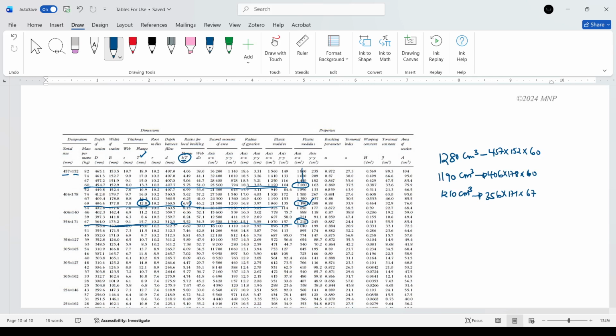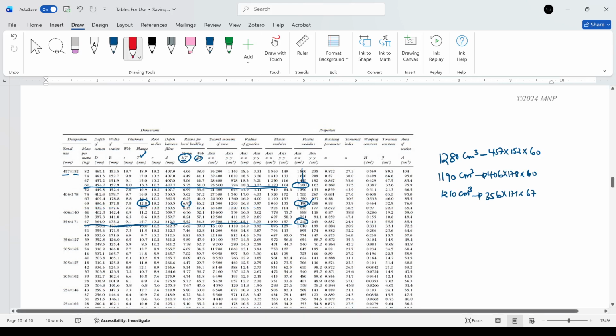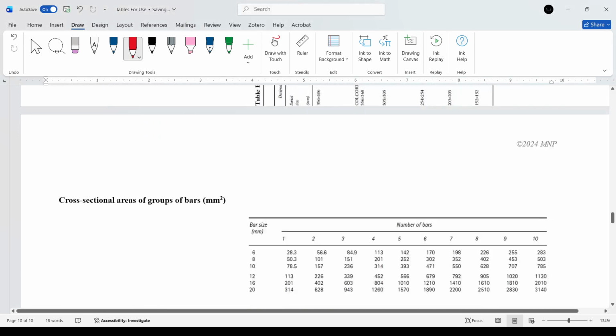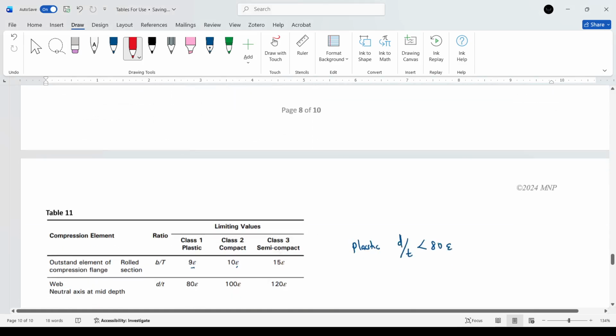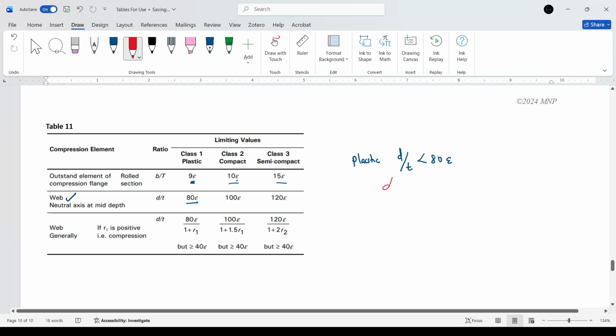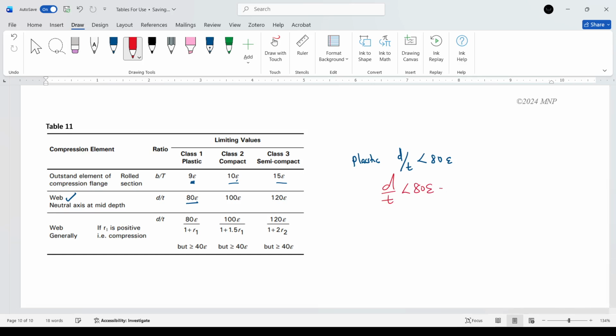From 1190 we can see that D over T is 46.2. So if it is 46.2, what does it imply? It means D over T is less than 80.